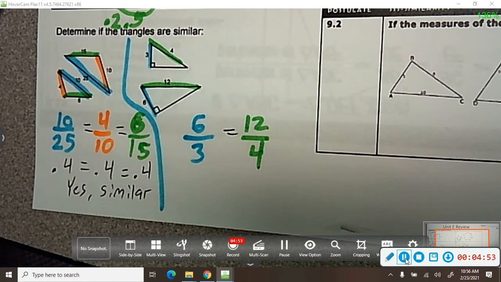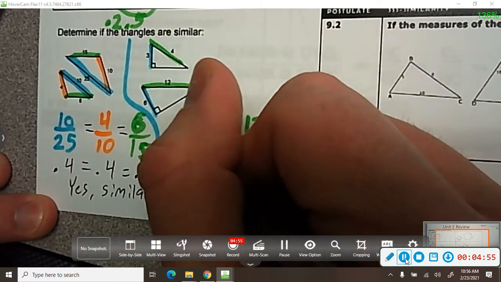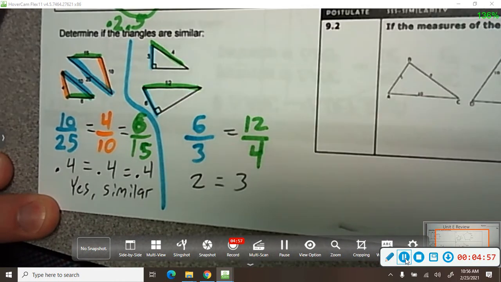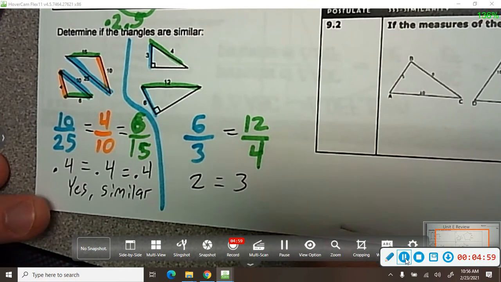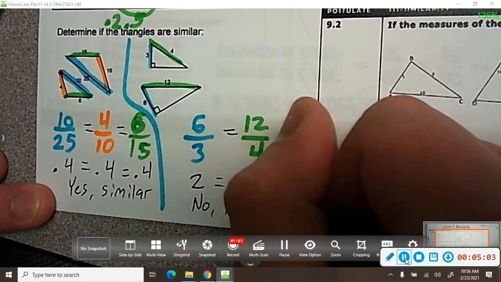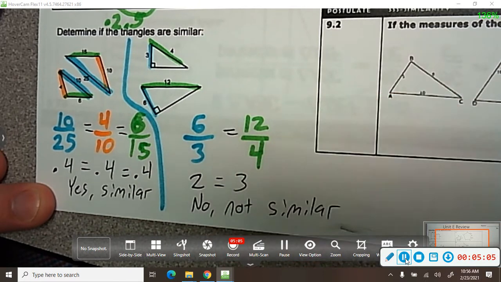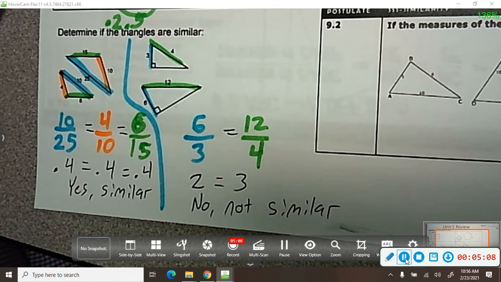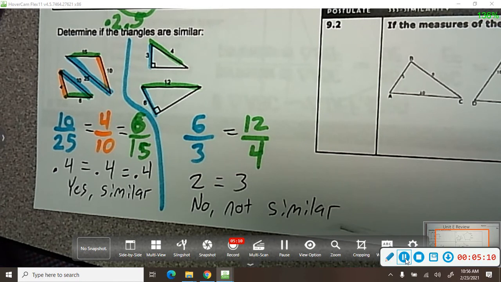Six divided by 3 is 2. 12 divided by 4 is 3. Those are not the same number, so I'm going to say no, not similar. Okay.